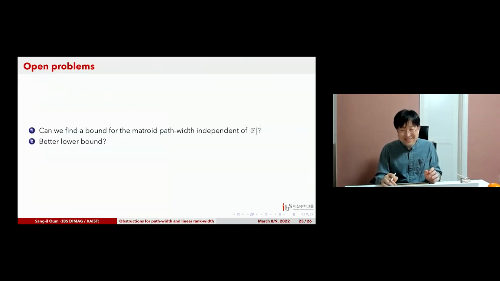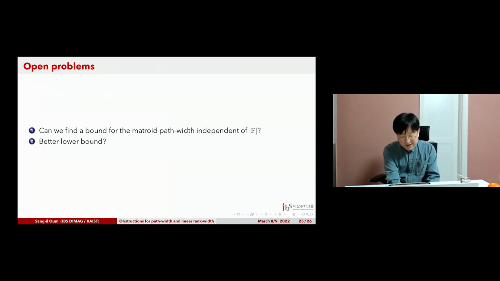All right, so this is the final slide. So the first question is, can we find an upper bound for the size of minor obstructions for matroid path-width, independent of the size of the field?